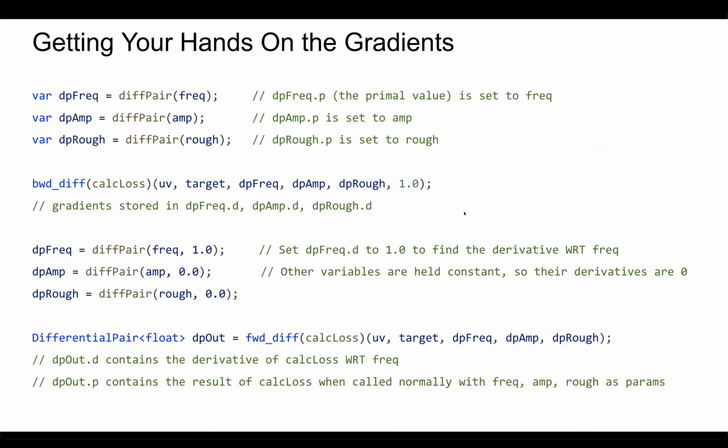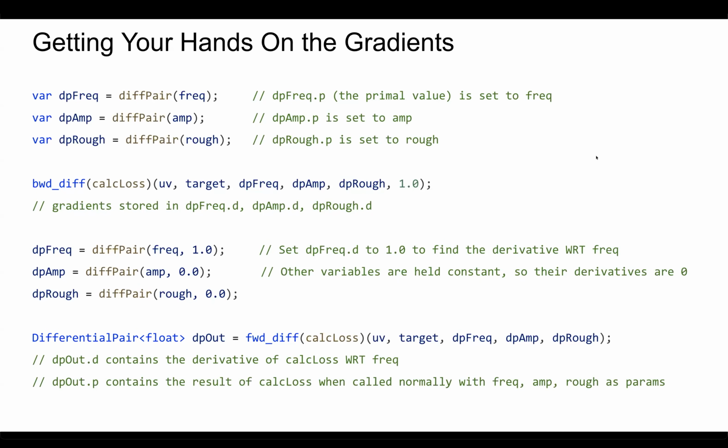Okay, so backward diff automatically generates that backward pass for us, but how do we get our hands on the gradients that it computes? Well, to answer this, we're going to look at how Slang passes data to and from the backward function. So when you call backward diff, the parameters that you give it need to be transformed a little bit.